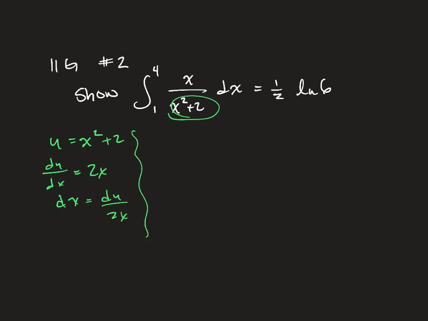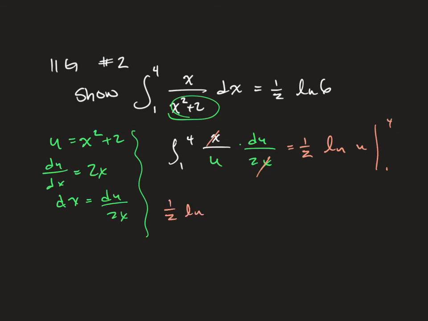So then we can rewrite this as the integral from 1 to 4 of x over u times du over 2x. Those x's will simplify to 1, and we get 1/2 ln of u evaluated from 1 to 4. So let's then replace the u. We would get 1/2 ln of x squared plus 2 evaluated from 1 to 4.